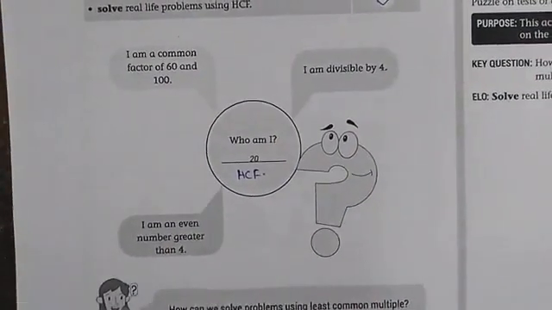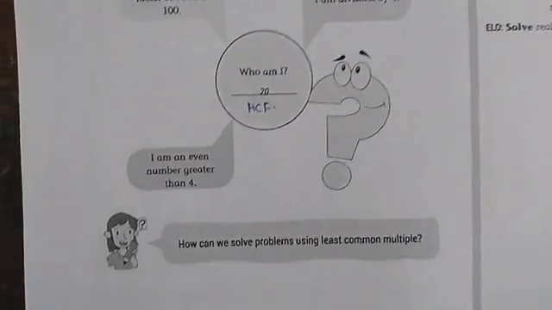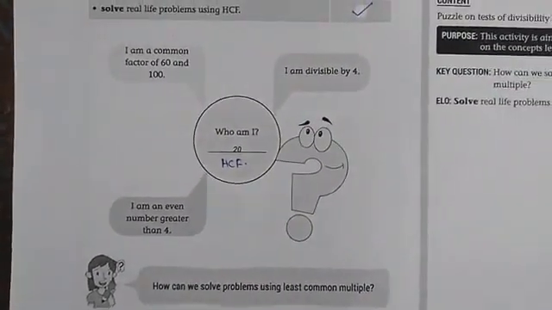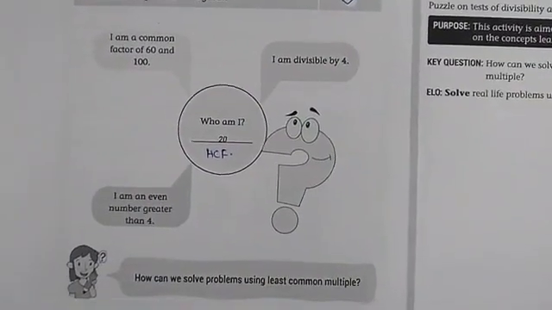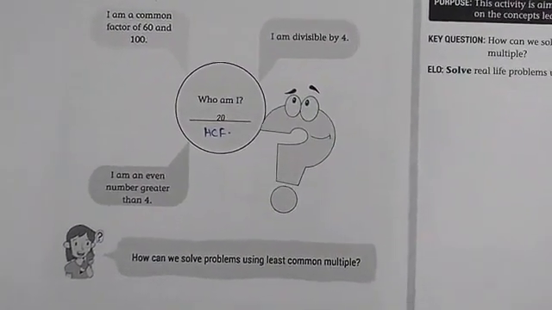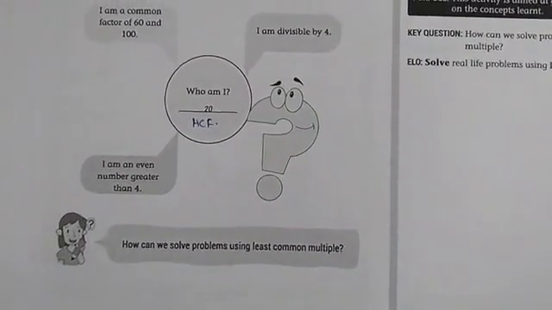What about the HCF? 20 only. Then, I am divisible by 4. Yes, 20 is divisible by 4. I am an even number. 20 is an even number. Greater than 4. Yes, it is greater than 4.